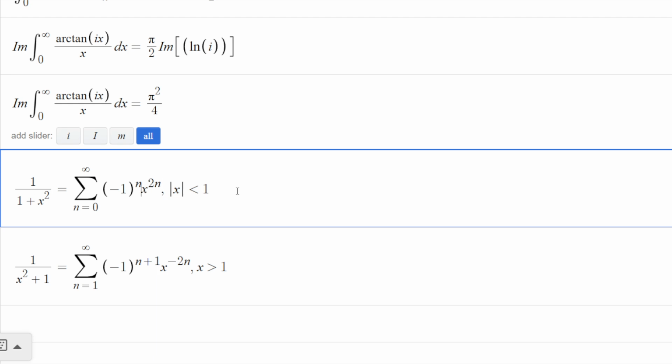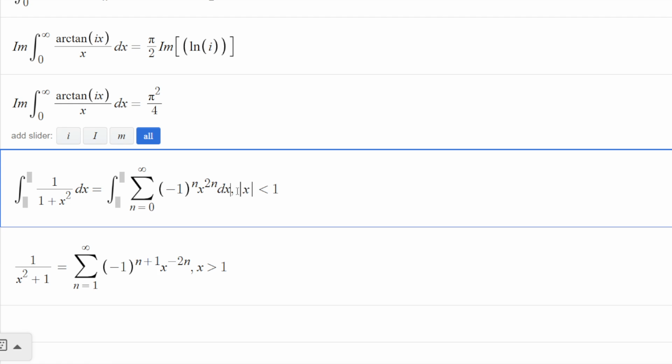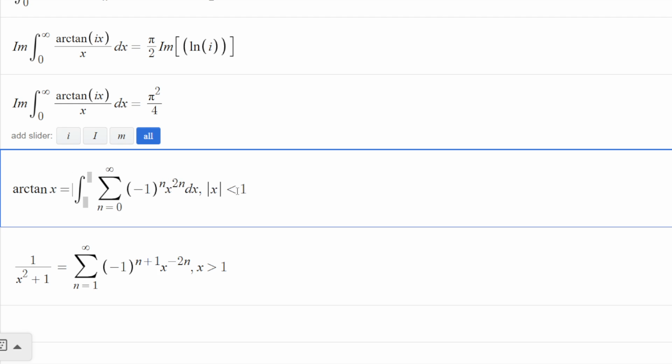So again, let's just go ahead and integrate with respect to x on both sides. On this side, we're just going to get arctangent x, switching the integration and summation notations here.